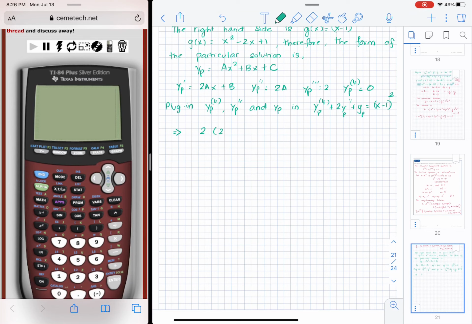Moving on to the second derivative, we have 2a. Then we have ax squared plus bx plus c, and that is equal to x squared minus 2x plus 1. So we have 4a plus ax squared plus bx plus c equals x squared minus 2x plus 1.